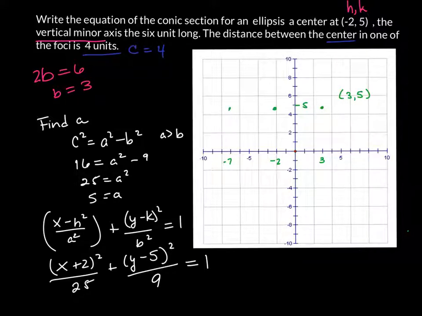All right, and then on the vertical axis, we have -2, 8. Oh, I forgot. Make sure I label this one over here. That was -7, 5. Going down in this direction, we have -2, 2. And then we can go ahead and draw in our ellipse.